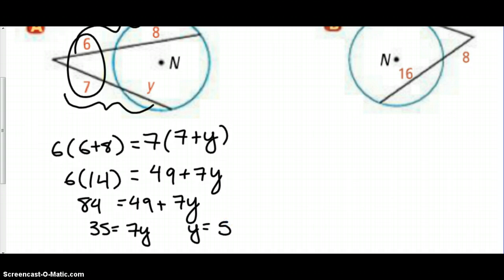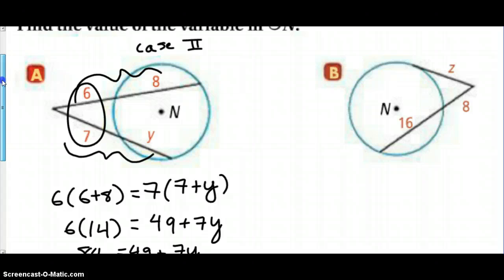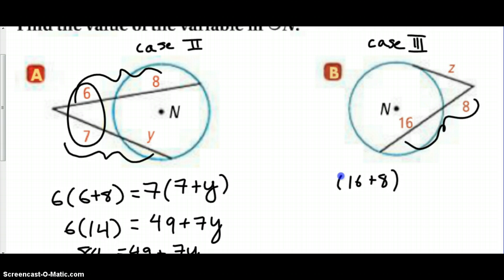Let's take a look at this last one for part B. This is actually going to be a case 3 situation because you have a secant and a tangent line. So I know that if I take the outer secant, the whole thing, so I'll have 16 plus 8, and I'll multiply it times its outer segment, and I'll set it equal to z squared, because it's the tangent line squared.